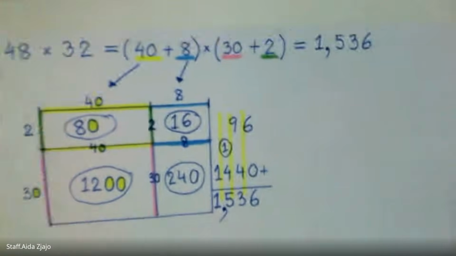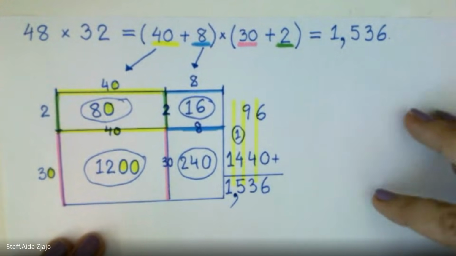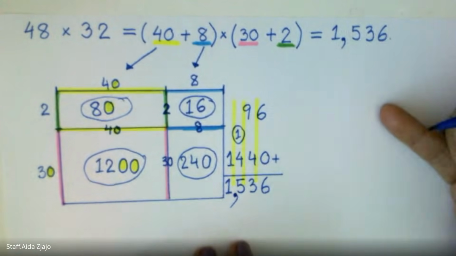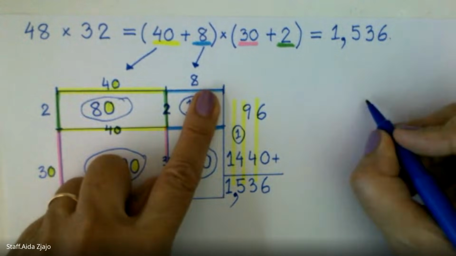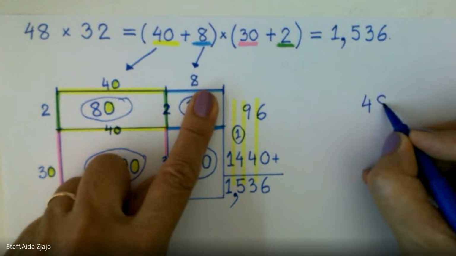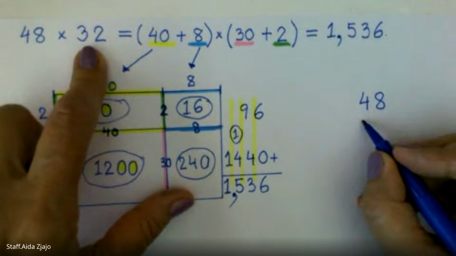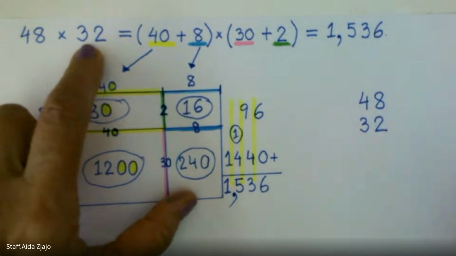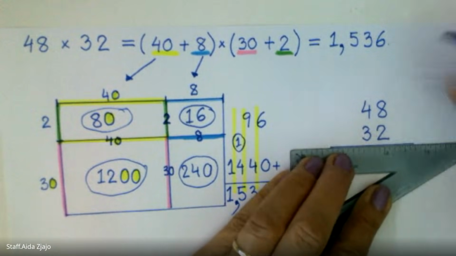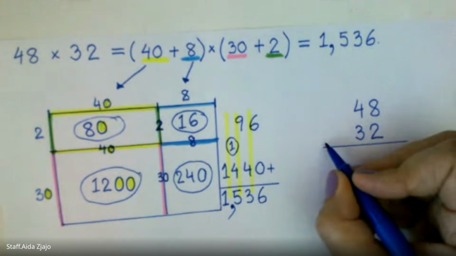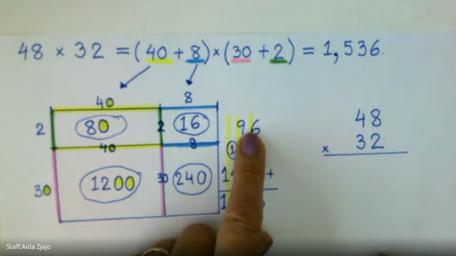So now, how can this connect to the standard algorithm, which is a shorter version of multiplying two numbers. So I will have 48, and I need to multiply by 32. Without knowledge of the rules of multiplication, you can see that this number, 80 plus 16, is a partial product.